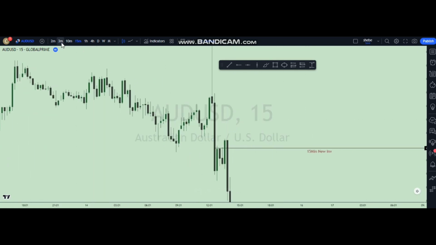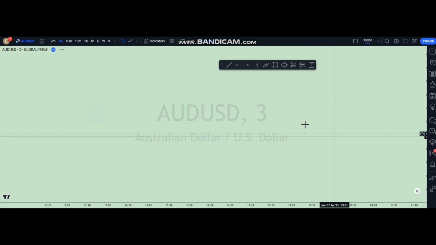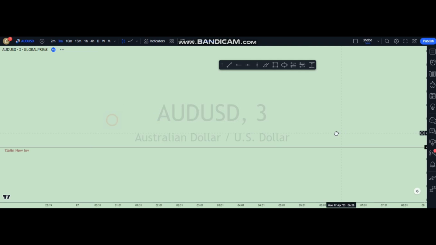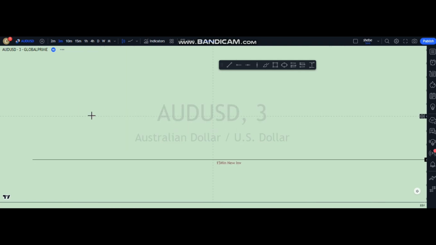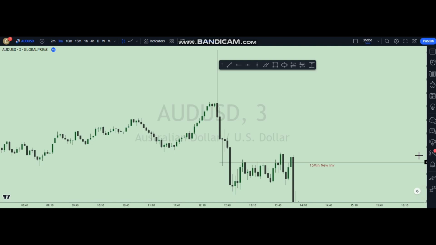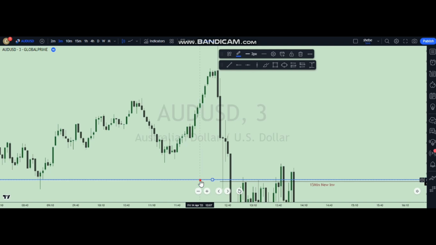After that, we just go to 3 minutes to find the invalidation point. If you come here, you take this horizontal line and draw it over here so as to avoid confusion.